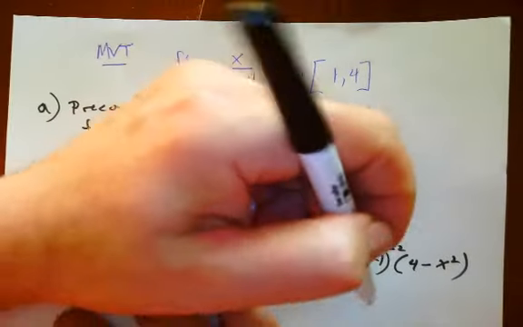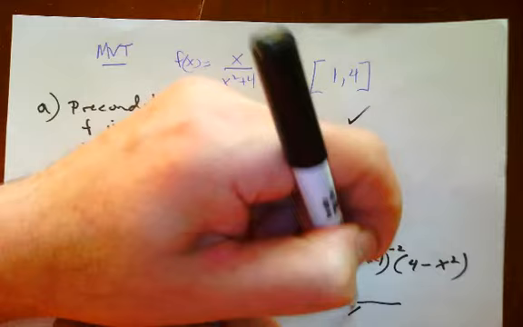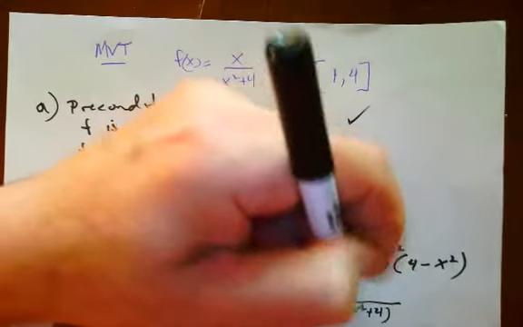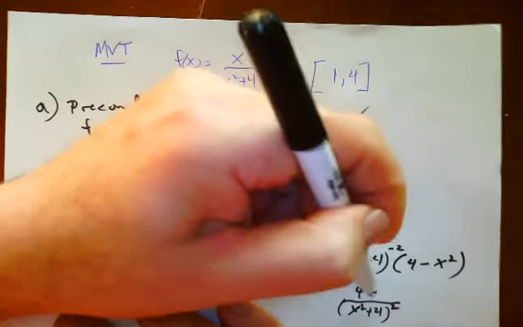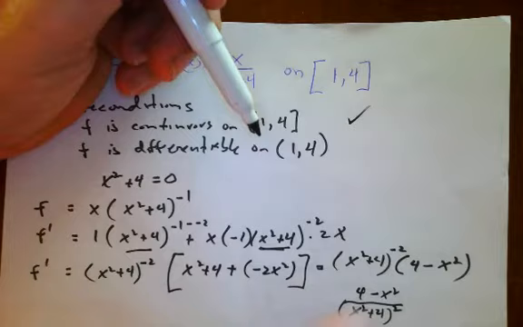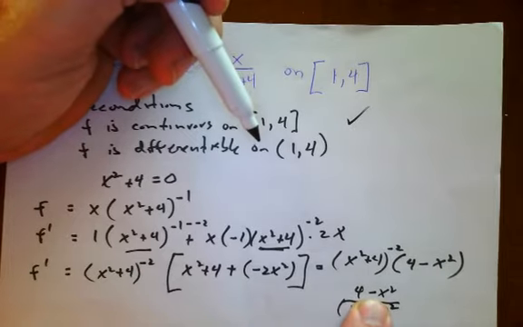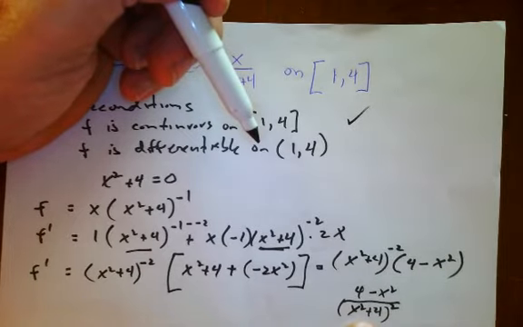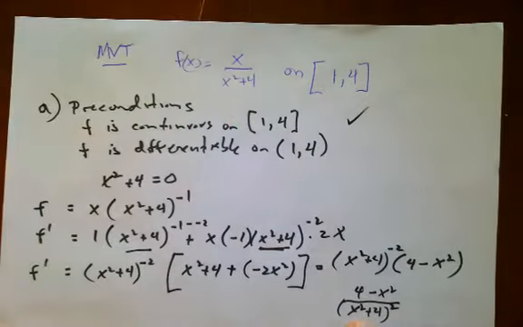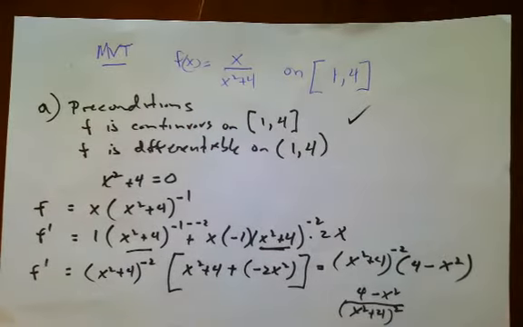Well, I guess I can tidy that up a bit to be x squared plus 4 to the negative 2, and then negative 2x squared plus 1x squared is negative x squared, or 4 minus x squared. Okay, so I have a derivative. Does this derivative exist everywhere?